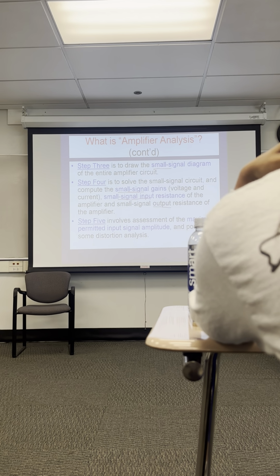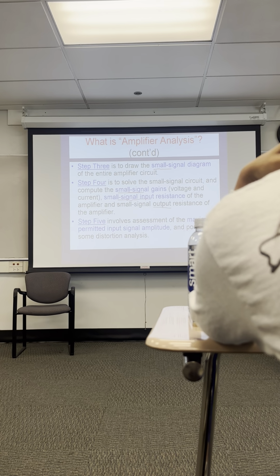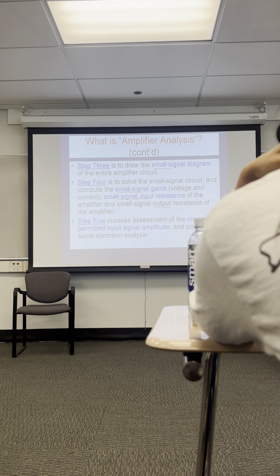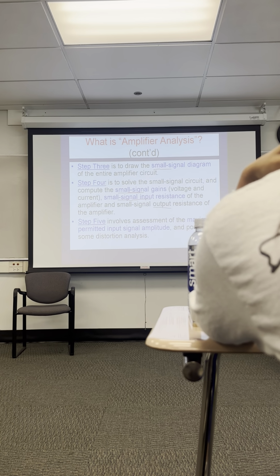And then step 5, find out if the input to this amplifier is too large, so that it will cause clipping in the amplifier. If there's clipping, it means we probably have to go back and lower the gain of the amplifier.